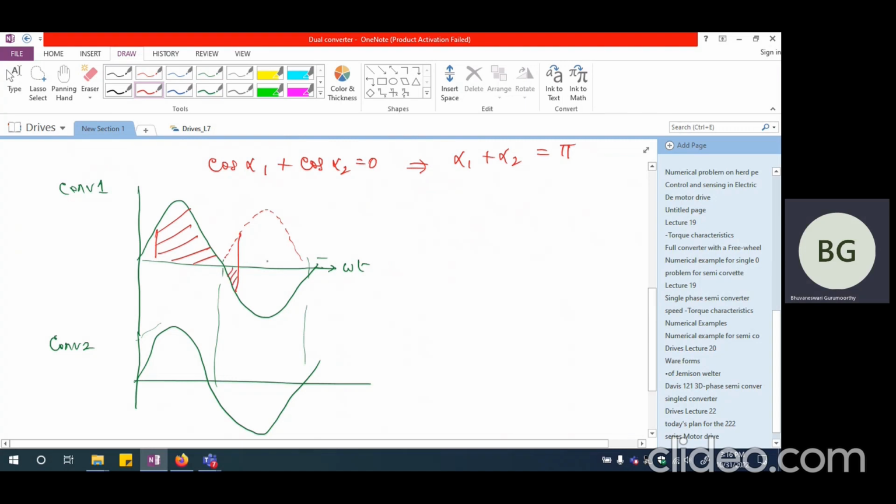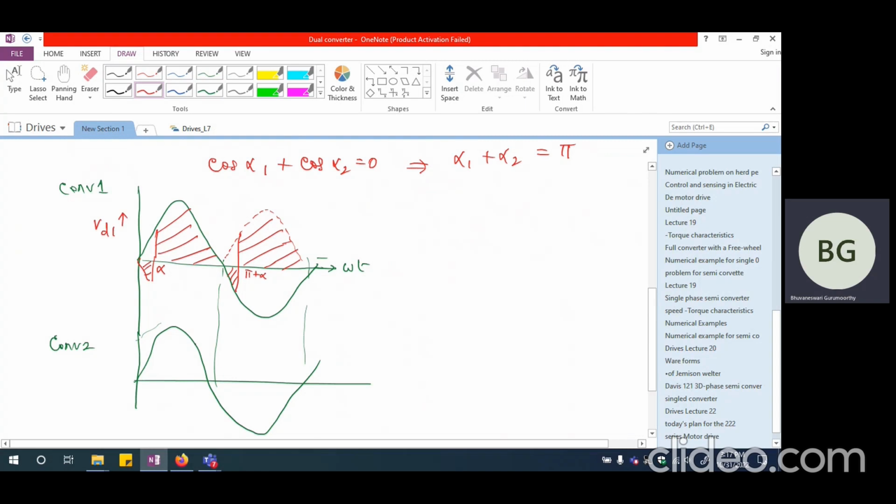So this entire voltage will also come up, and I will have this voltage coming up here. So this is going to be the voltage that comes up when I am looking at alpha equal to 30, and this is pi plus alpha. So this is going to be the kind of voltage what I look at as VD1.